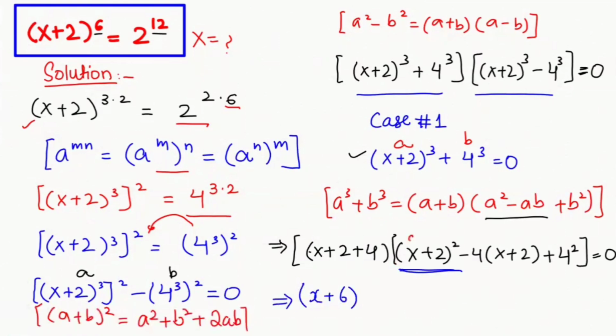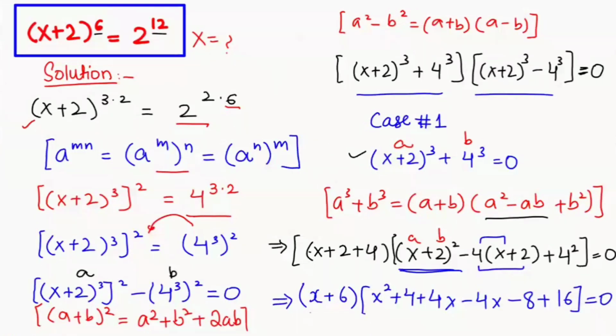So this is our a and b value, and this can be written as x squared plus 4 plus 4x, minus 4x, and here minus 8 plus 16 is equal to 0. Here the positive and negative 4x get cancelled, so the next equation we get is x squared, and this will be equal to positive 12.